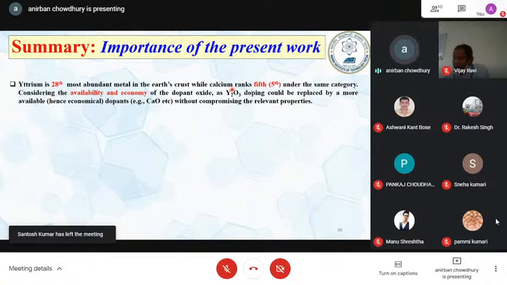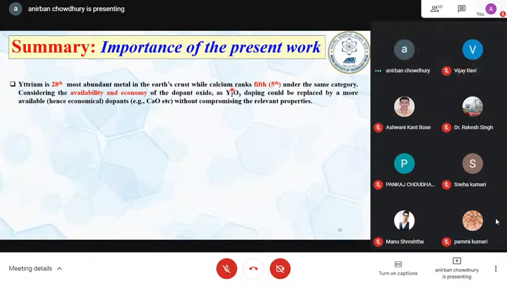We can make it because calcium is everywhere. India is one of the richest sources of calcite. India is poor when it comes to the rare earth doping. So we can get this from our own land by our own process.